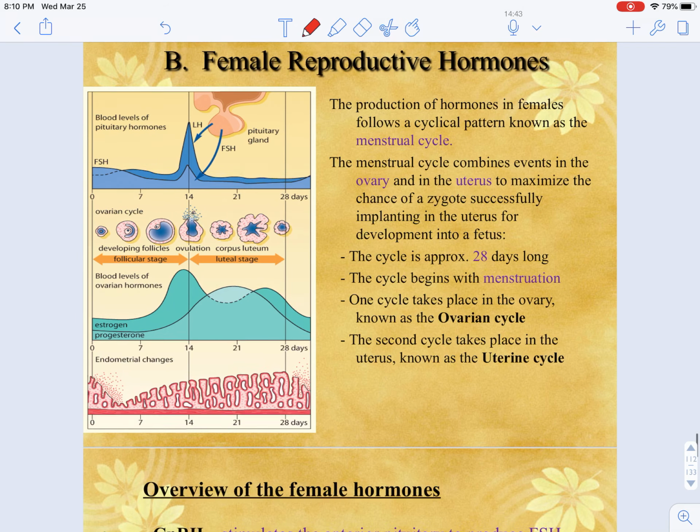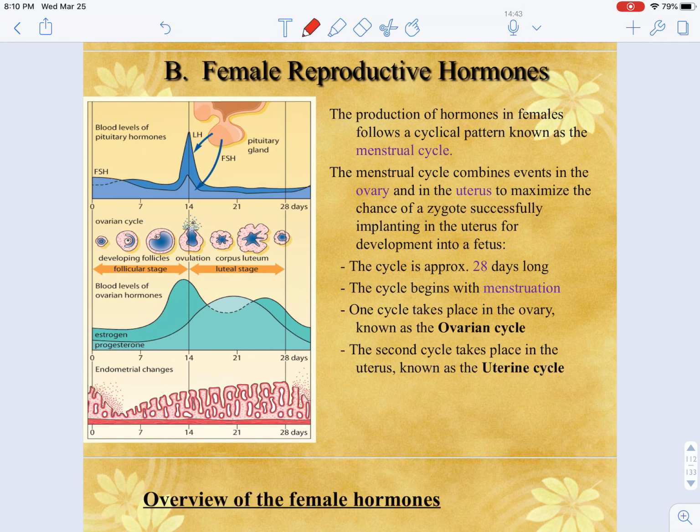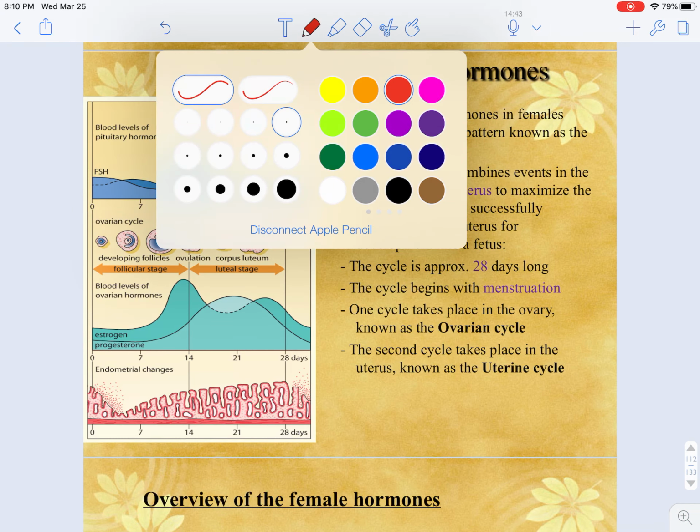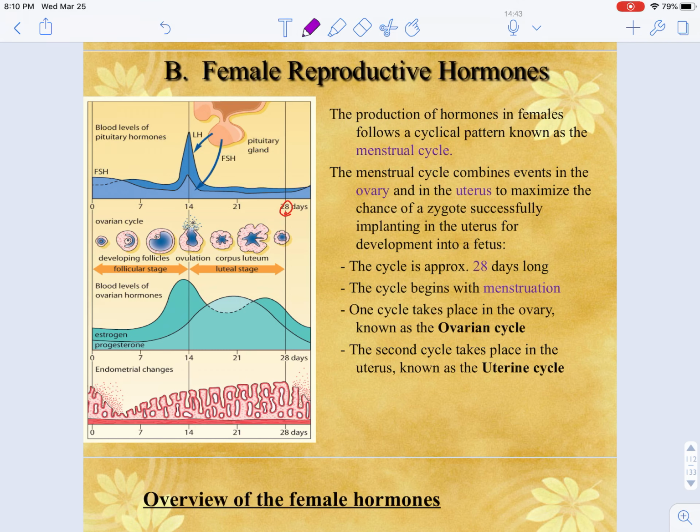But for right now, you just need to know that in women, hormones fluctuate in a 28-day cycle on average. So we have this graph that profiles 28 days, but it's not necessarily that every girl is exactly going to follow a 28-day cycle. They may be irregular every month. They may have a 29-day cycle, 25-day cycle, maybe 30-day cycle, and maybe they regularly have that same cycle.